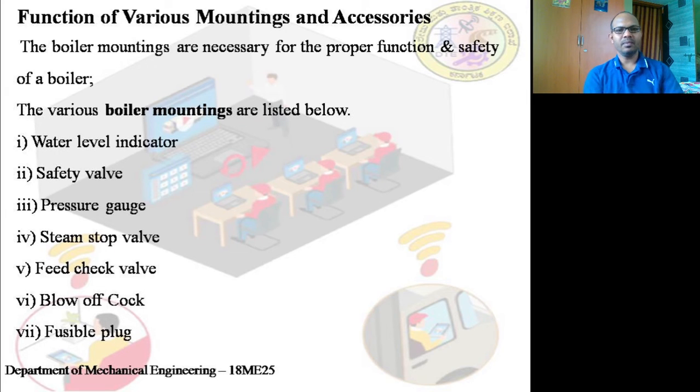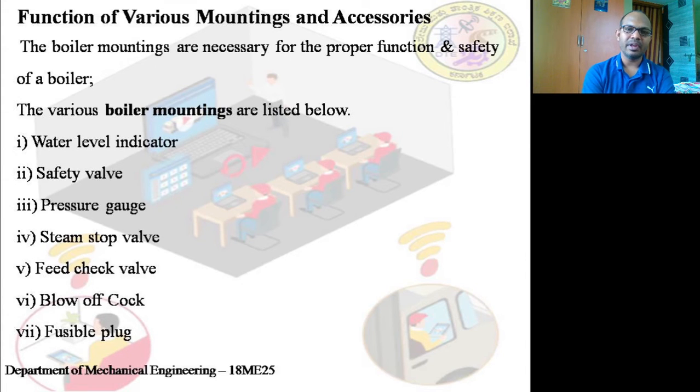Now, if you consider the function of various boiler mountings and accessories, first, the boiler mountings are necessary for the proper functioning and safety of a boiler. Without these boiler mountings, the boiler cannot work or function effectively or safely.